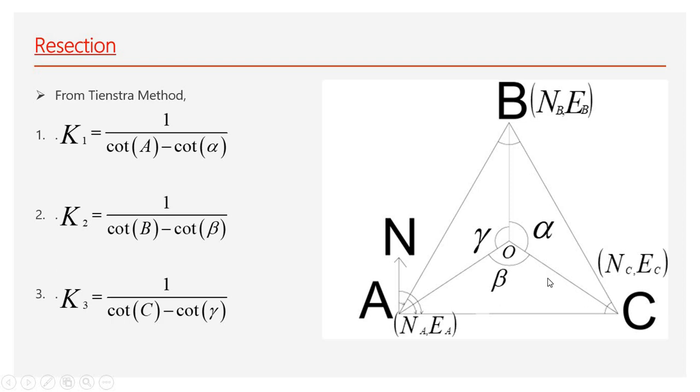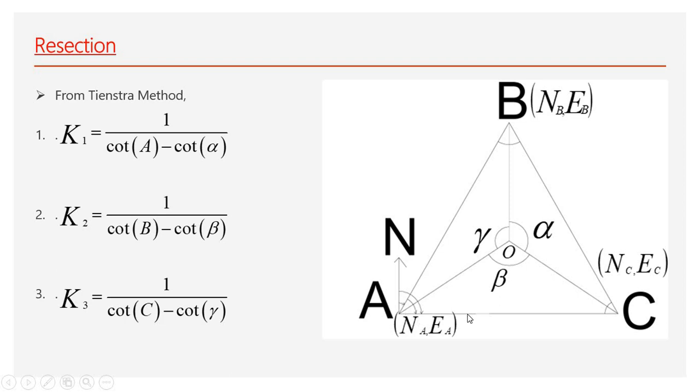But if you use this line, then you have to calculate the bearing of BC and CA. If you use this line, then you have to calculate the bearing of lines AB and AC.